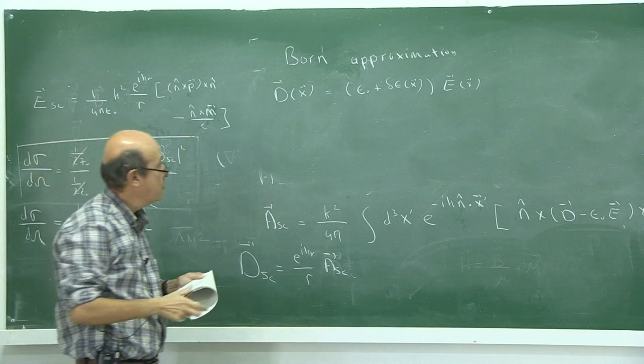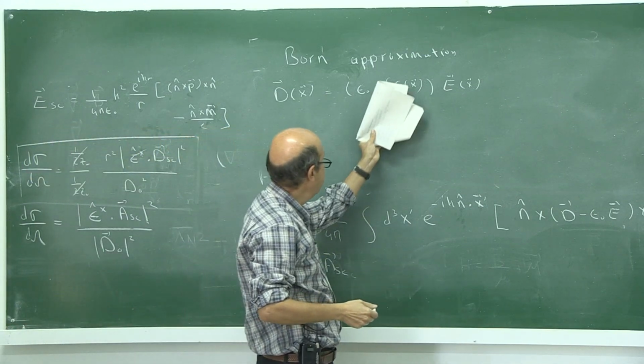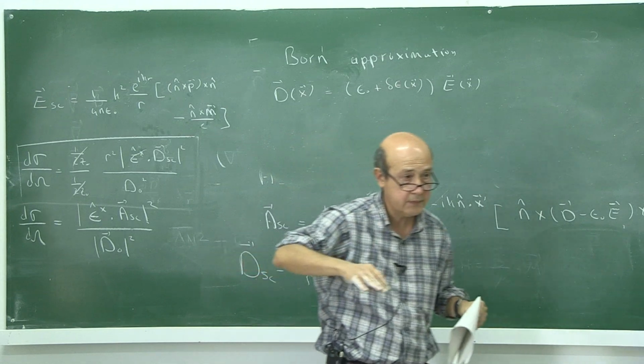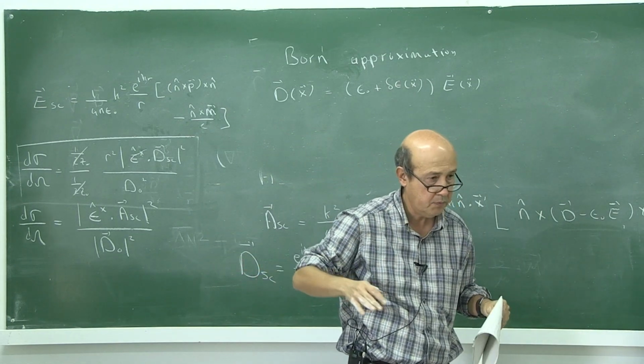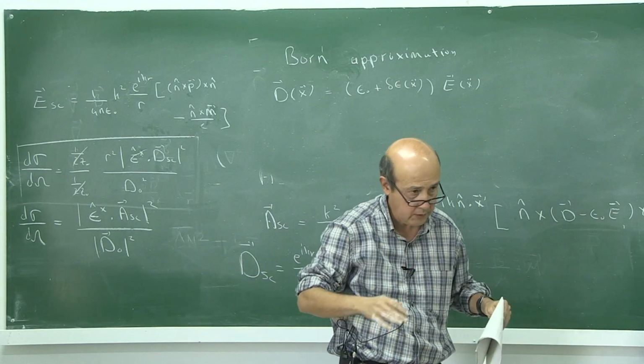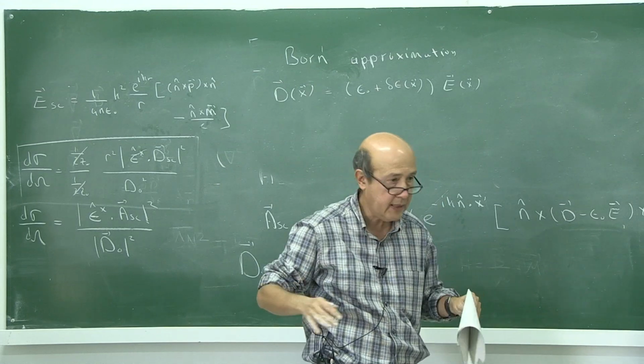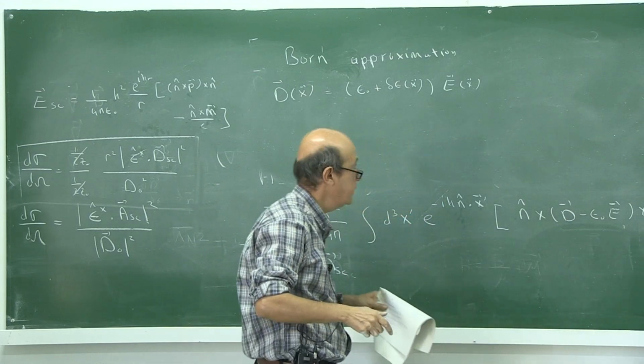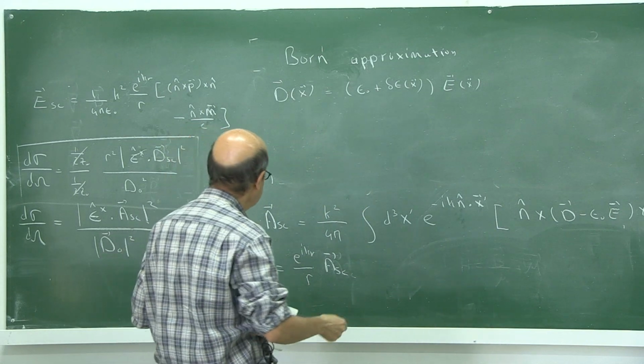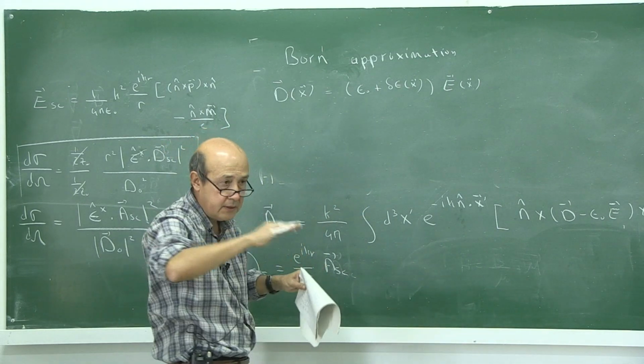Okay, so there are some fluctuations in what? Dielectric constant in the medium. The medium is not uniform. It's changing a little bit. Dielectric constant is changing a little bit. Therefore, electric displacement is changing.